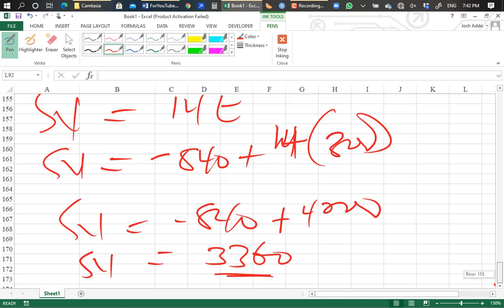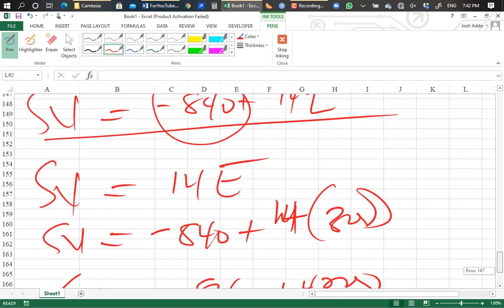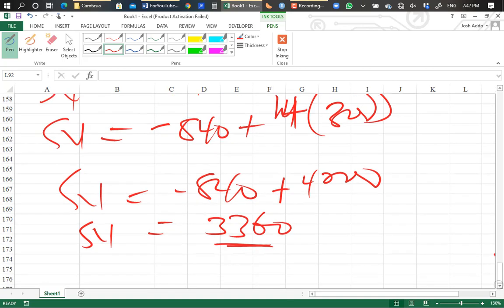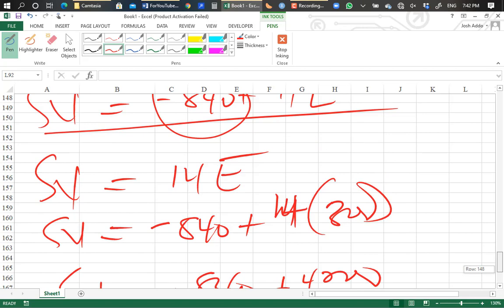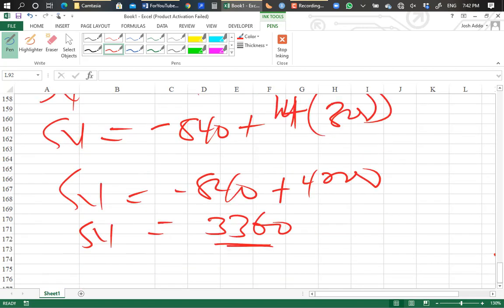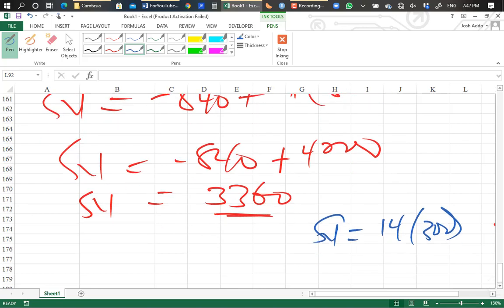In case you want to use the practical model that we derived, in which case we said we don't have negative sales volume, the model will reduce to SV is equal to 14E. In that case, your SV will be equal to 14 times 300. 14 times 300 is equal to, just punch the calculator and tell me please, 4,200.